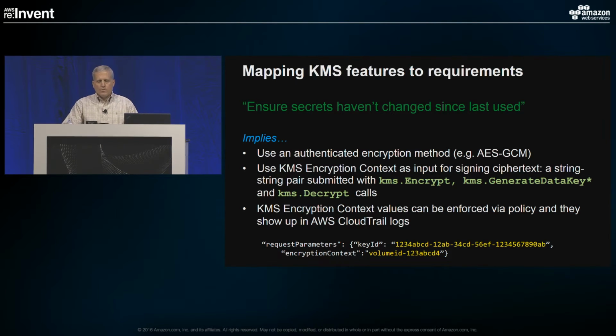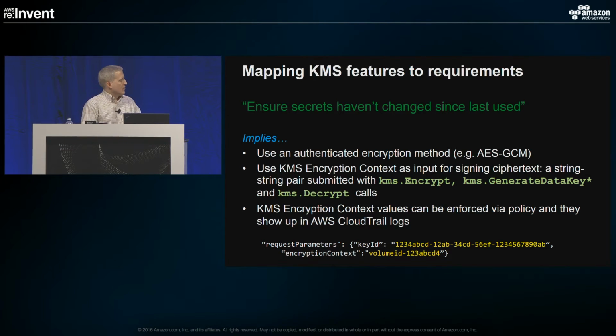So now what you want to do is ensure that the code paths that are coming to KMS and requesting use for that key are doing so in an expected fashion. If you implement encryption context in your application, you know that the decrypt operation should only happen on a ciphertext if it has this encryption context, and you can then map that back to the proper application. So that's why it's useful from an authorization standpoint.